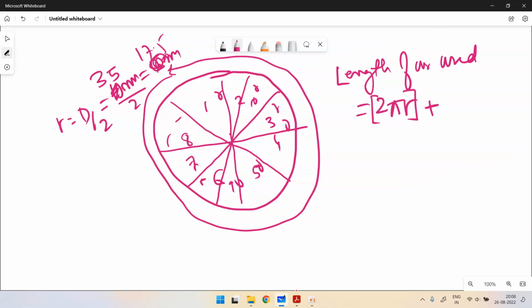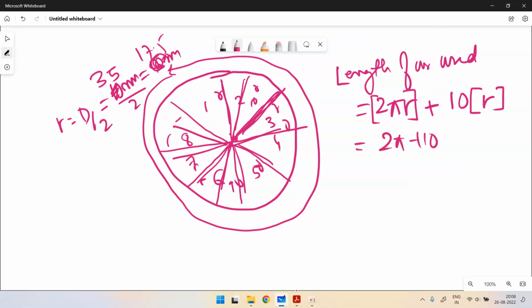See how many wires are used: 1, 2, 3, 4, 5, 6, 7, 8, 9, 10. So 10 wires are used to divide into equal sectors. The length of each wire will be r because it is equal to the radius. So the total is 2 pi r plus 10 r. Put the value of r as 17.5 mm and you will get the answer in mm, which is the length of the total silver wire used.